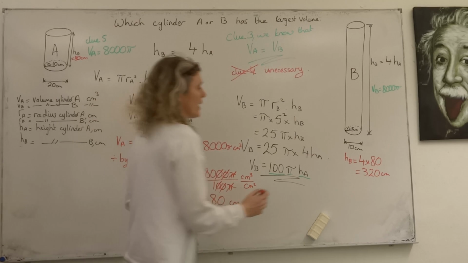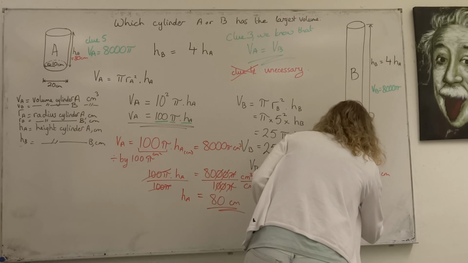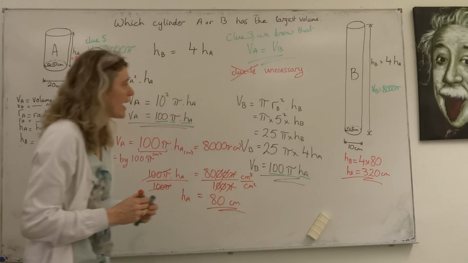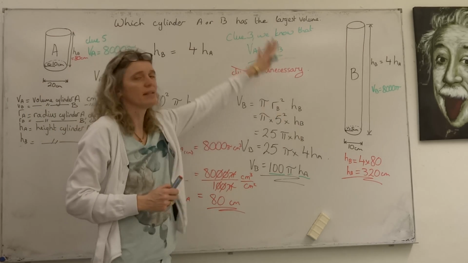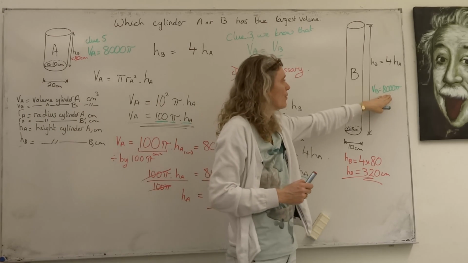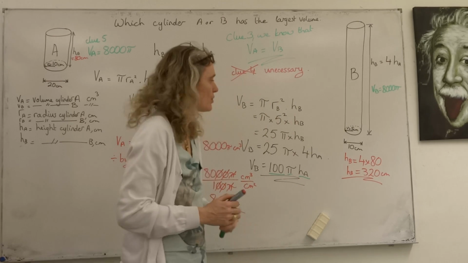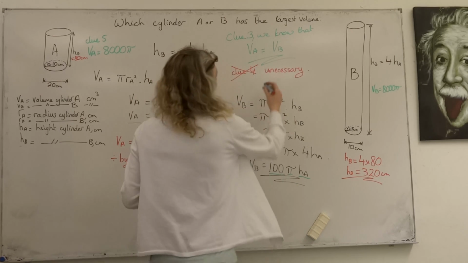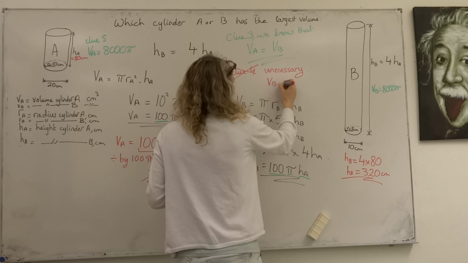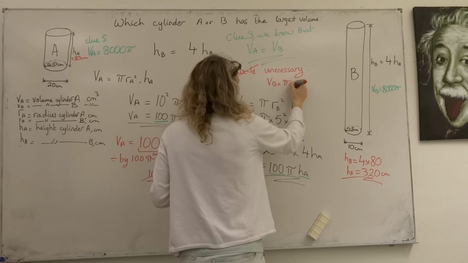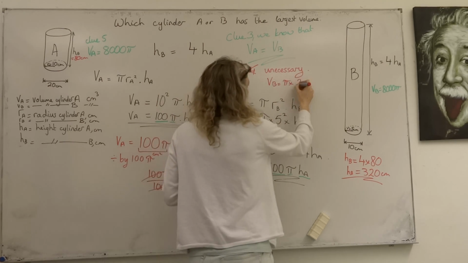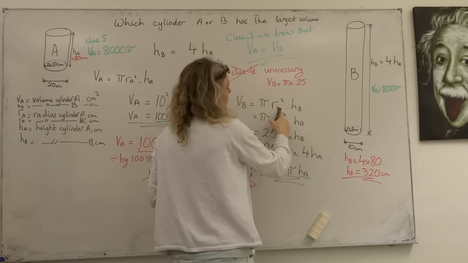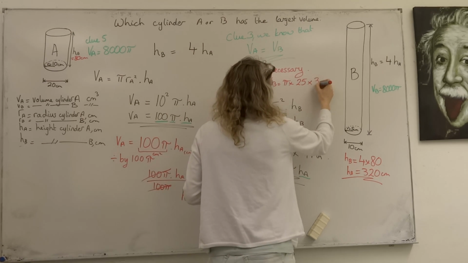If this is correct, and we always like to do extra checks, if we put in all of these terms, we should get that the volume of cylinder B is 8,000 pi. Well, let's do it. The volume of cylinder B is pi times the radius squared, which is 25, 5 squared is 25, times 320.